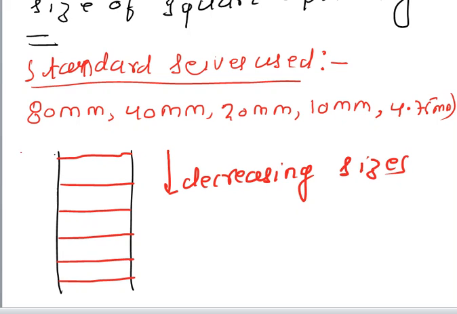So let this be 80 mm sieve, this be 40 mm, and so on up to 4.75 mm. So this is the order of stack in which sieves are arranged.